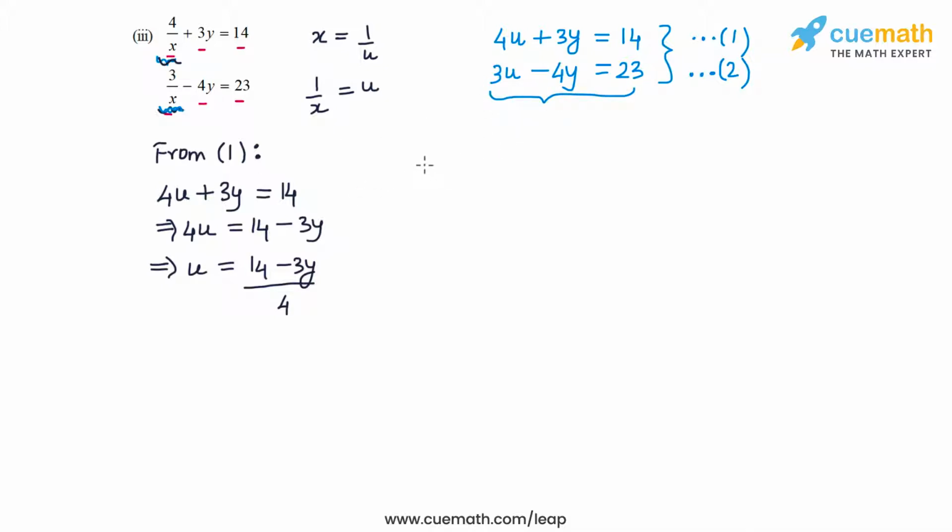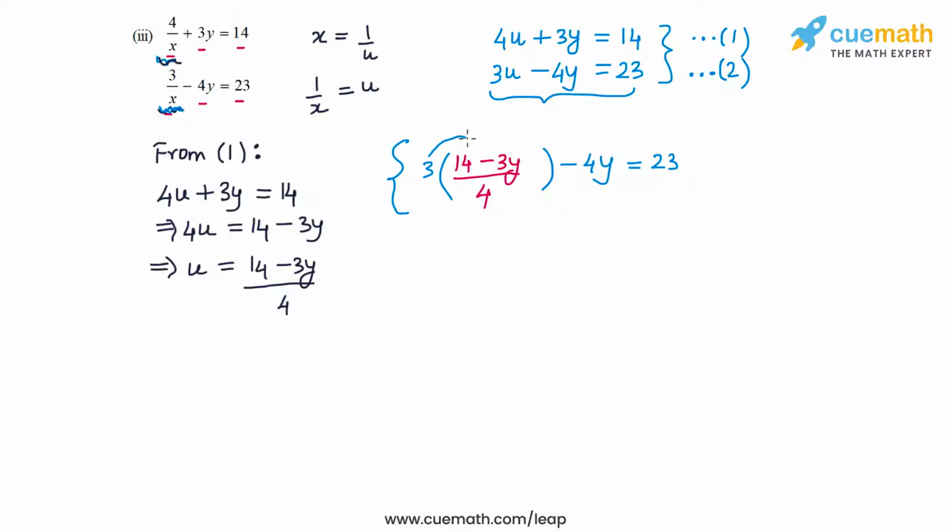So we get 3u, and instead of u I will write this expression 14 minus 3y by 4, and then we have minus 4y equal to 23. Now this is an equation in y alone, so let's solve this and find the value of y.